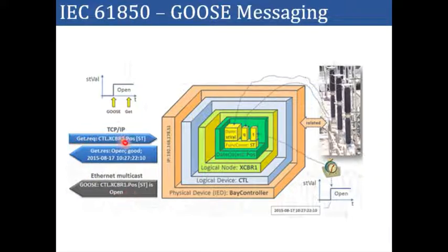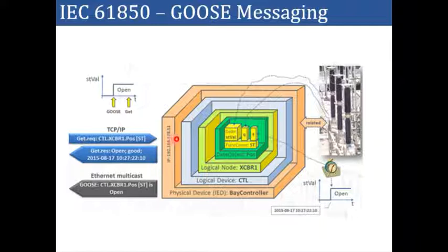Now you can also query the status of the breaker. So you will send the message with a get request and send the object, that is CTL.XCBR1.POS, and you are querying about the status.